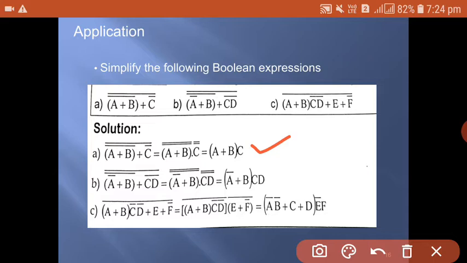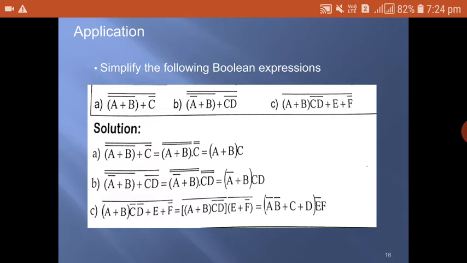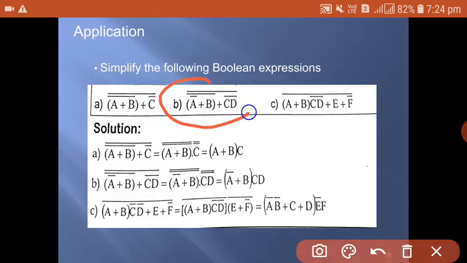So in this way you can minimize the Boolean expression by taking the help of De Morgan laws. And next, taking the second example, that is (a bar plus b) whole bar plus (cd) whole bar, and then total bar.